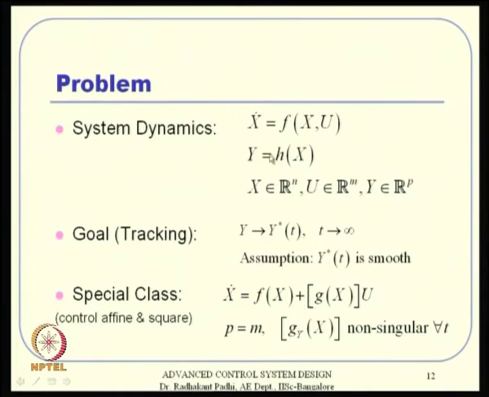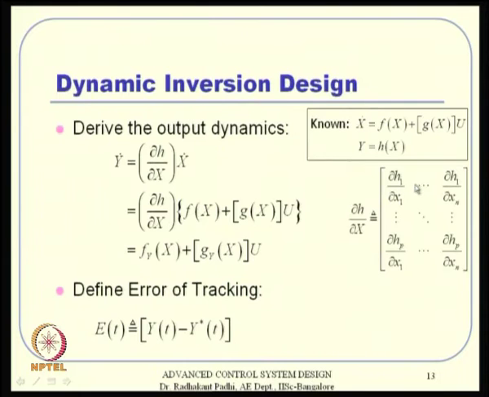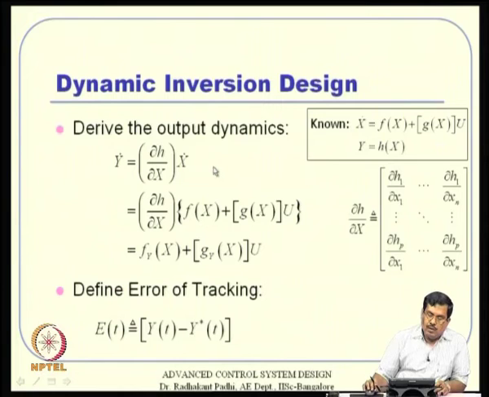So, now remember y equal to h(x), that is where we will start. If we take the derivative on both sides, y dot equals del h by del x into x dot, because y equals h(x). And x dot we know is f(x) plus g(x) times u.